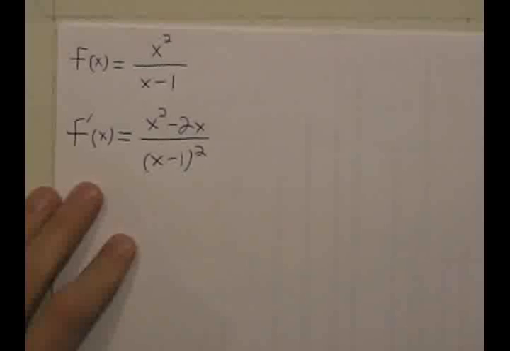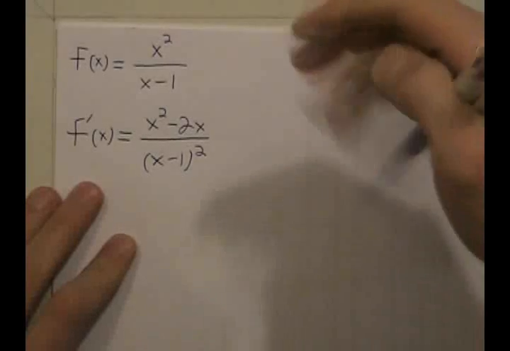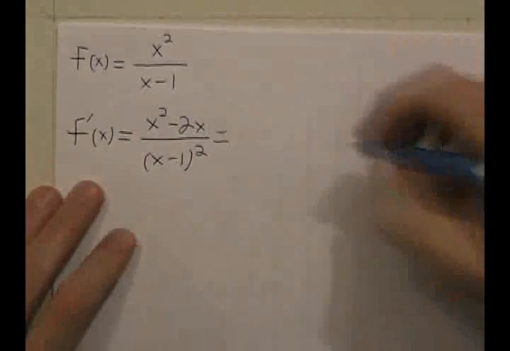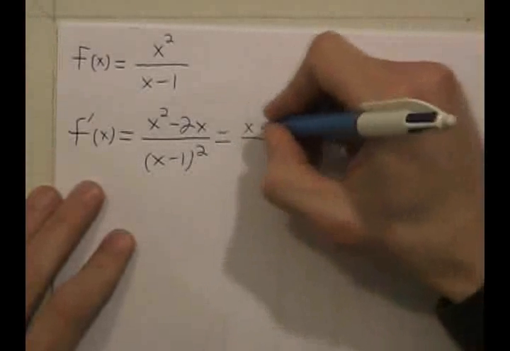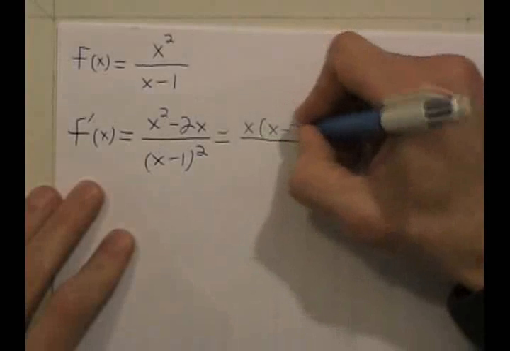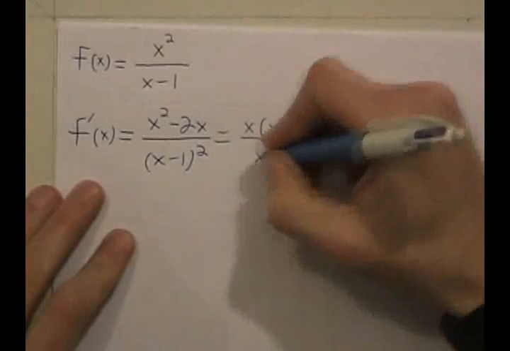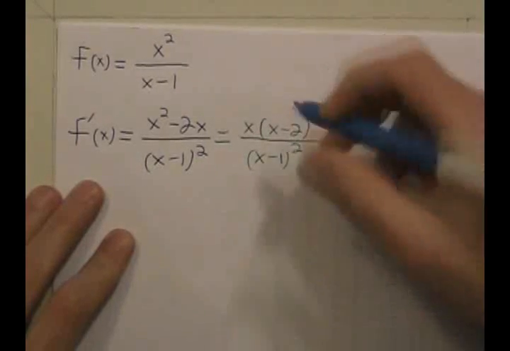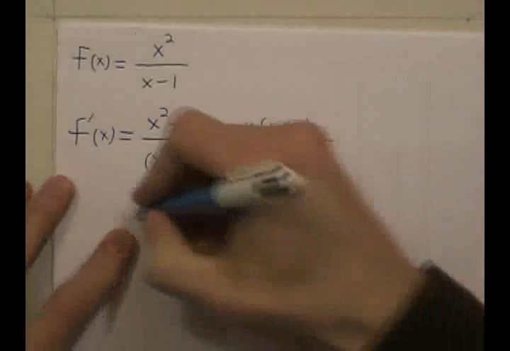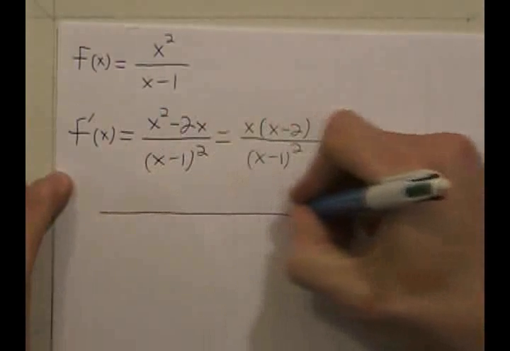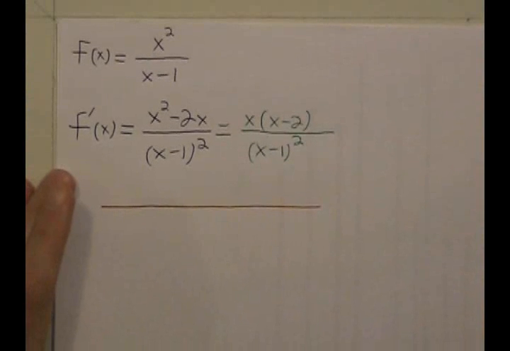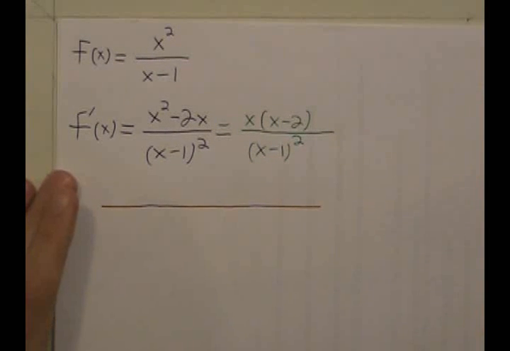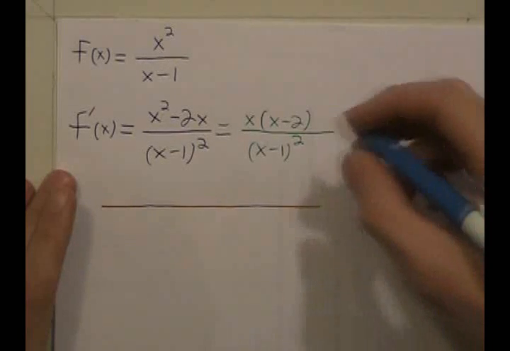And so once again, we want to factor that so we can make up a sign chart for it. So when you factor the x, you'll get x times x minus 2 over x minus 1 quantity squared. So draw out your number line. You want to mark down the values of x that make it 0 and make it undefined, because those are the potential points for sign changes.